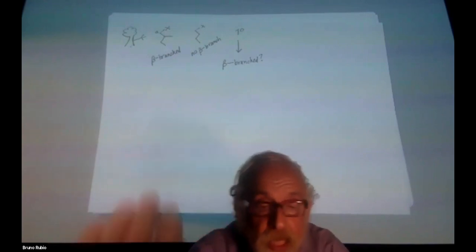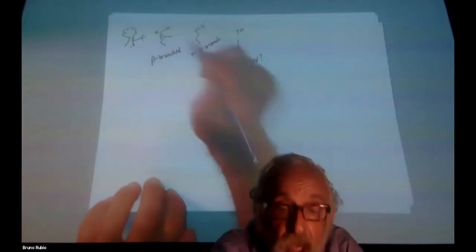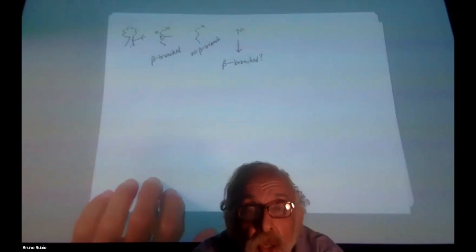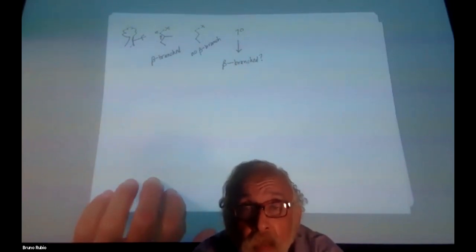The reason this is important is because in an SN2 reaction, and remember, we never see SN1 on a primary substrate, if we're going to get any substitution here at all, it's going to have to be SN2. And in the SN2 reaction, the nucleophile has to push the leaving group out.